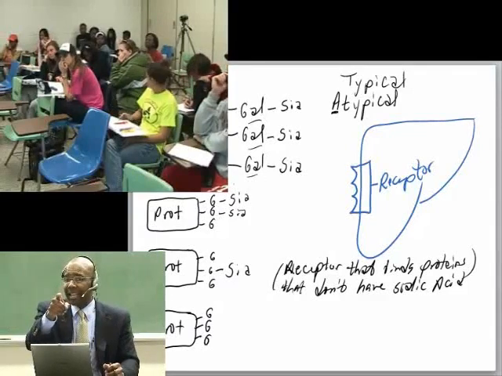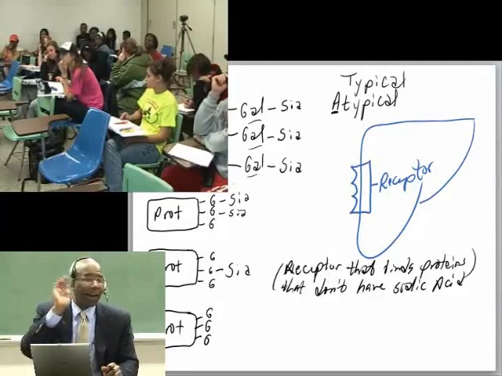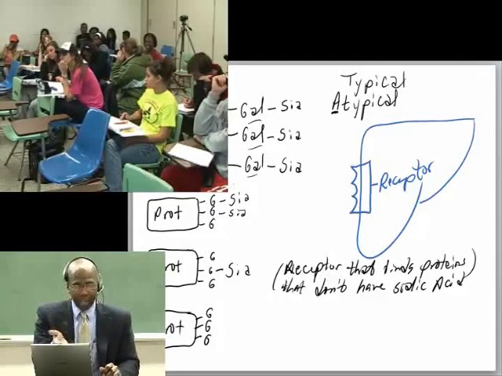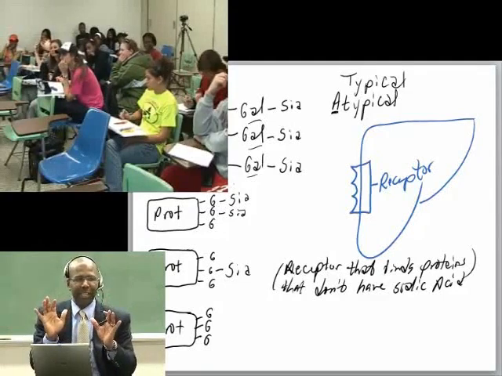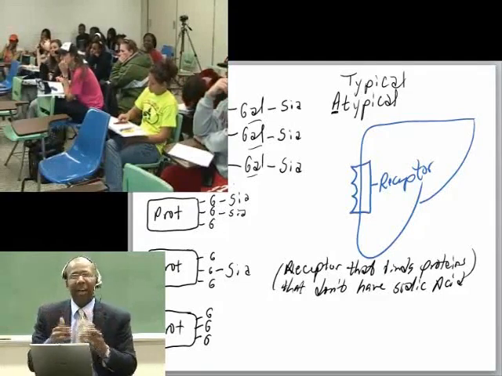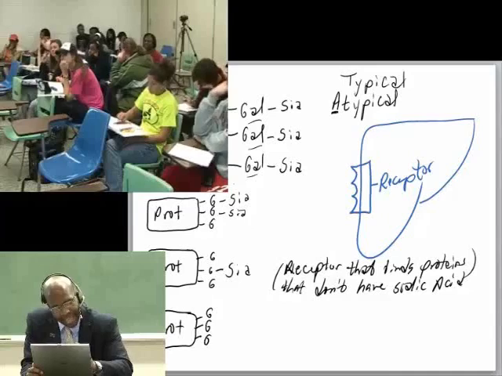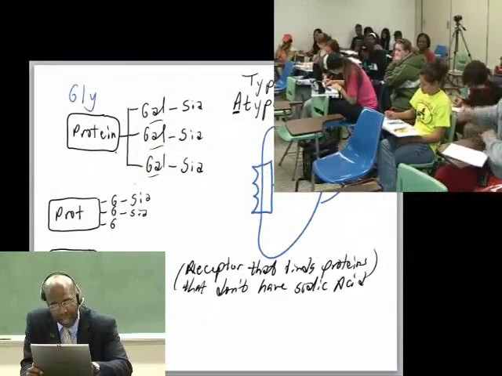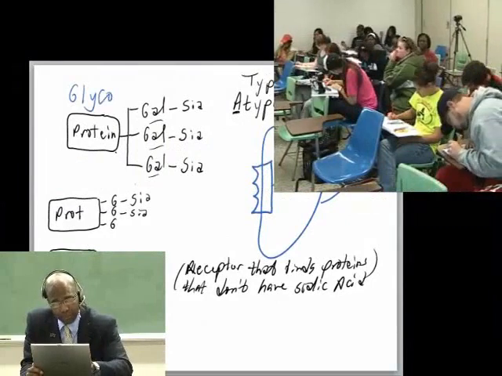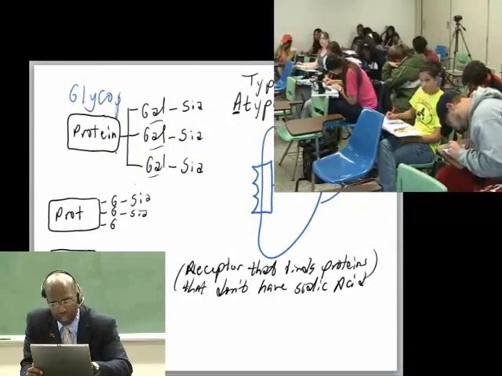Say that again. Okay, you said just a general name for a protein that has a sugar attached. A glycoprotein, exactly. And so, can you see that this is a glycoprotein? Glyco means, what does glyco mean? Glycoprotein, exactly.